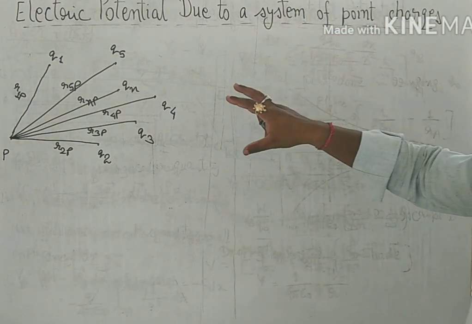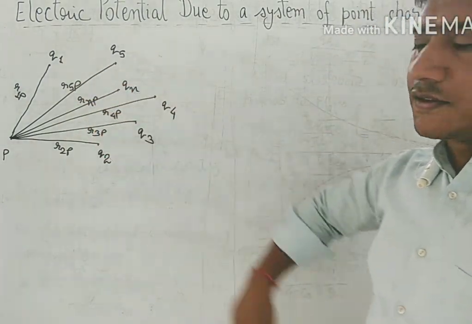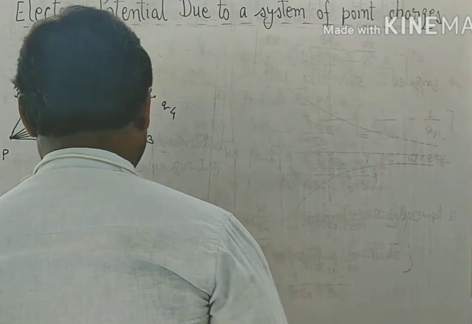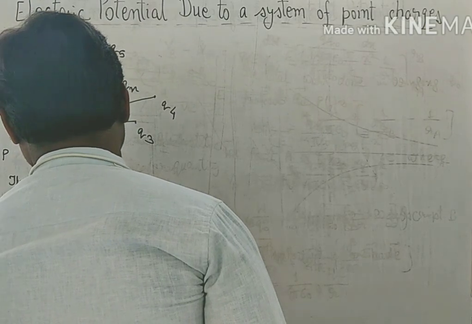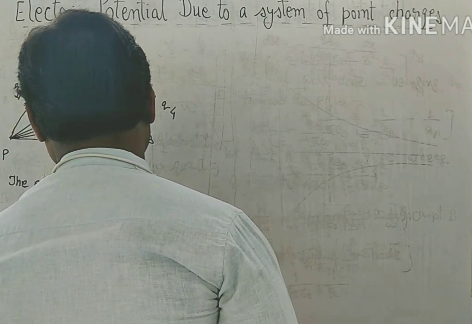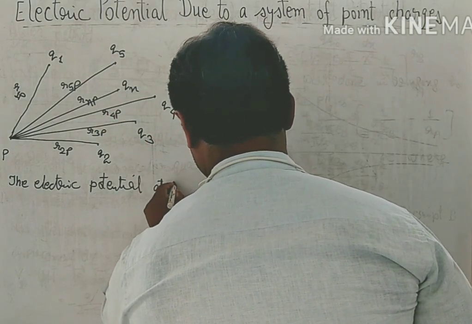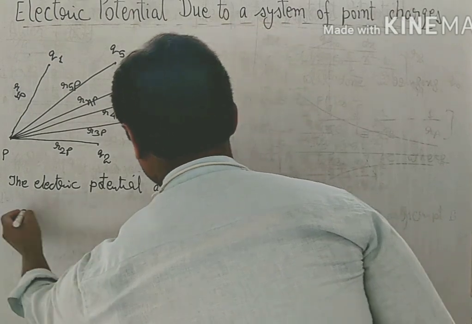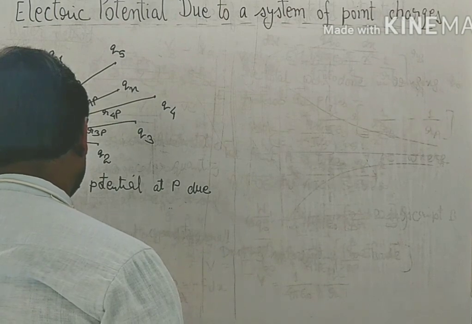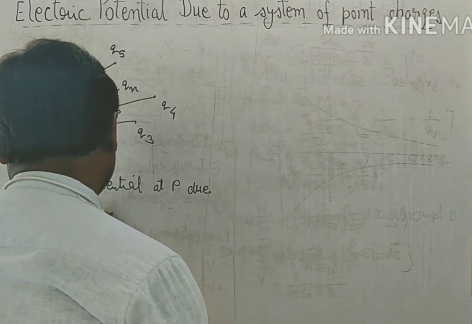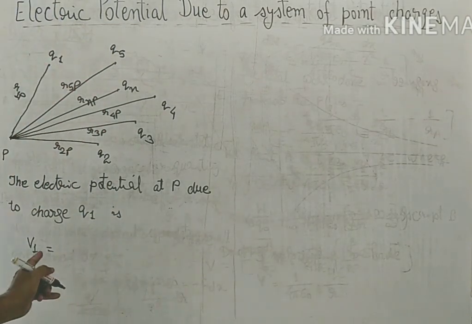Now we will directly write the electric potential at point P due to individual charges. So the electric potential at P due to charge Q1, let me call this V1.